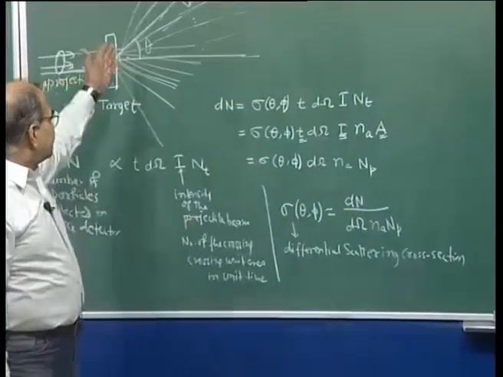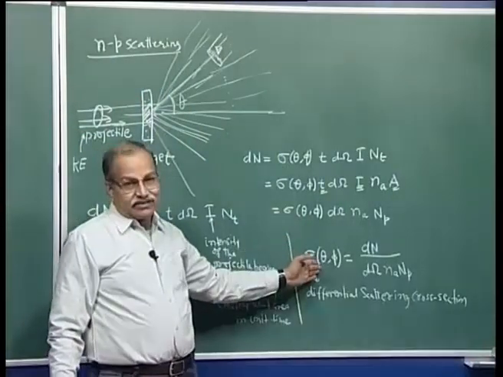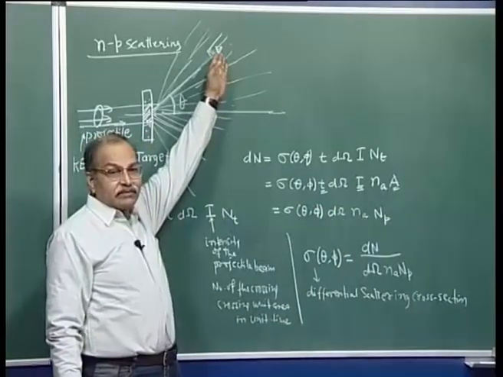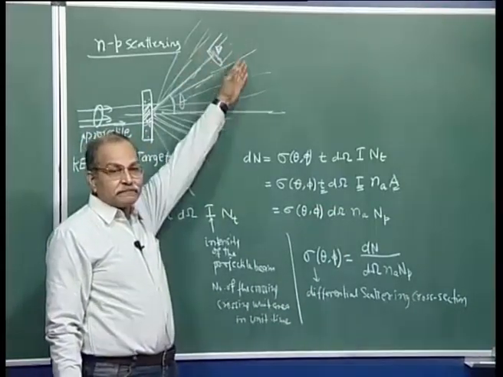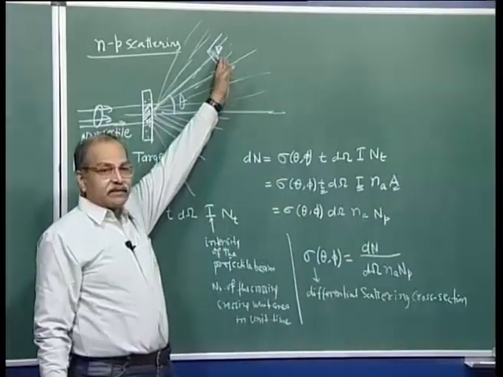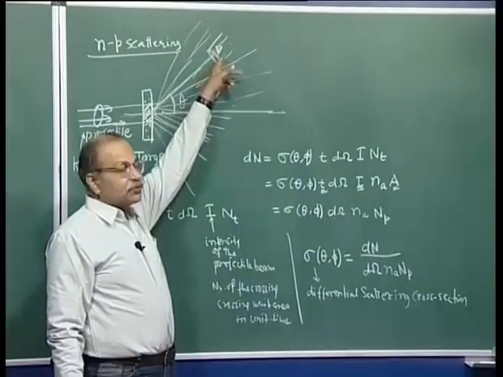So, this experimental arrangement allows you to measure this cross section. You measure dn, you count how many particles are going there at that particular theta phi. Then you have placed the detector at some distance and there is some area of the detector window, so you know d omega.